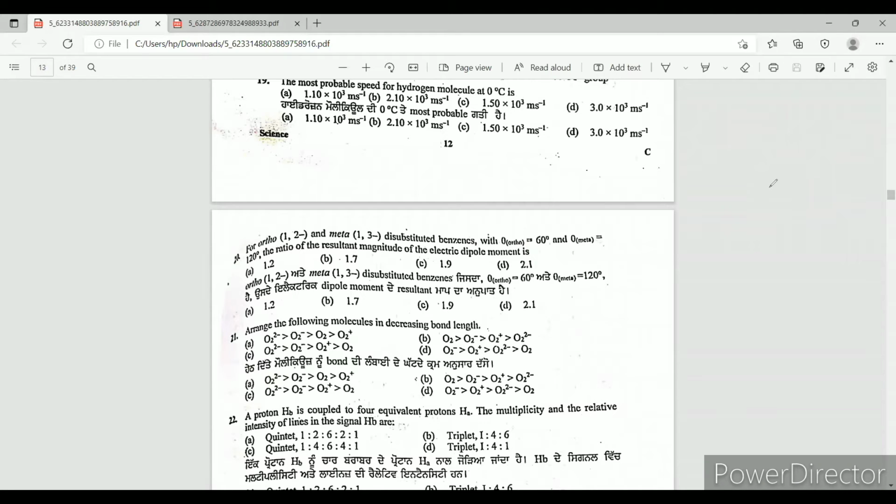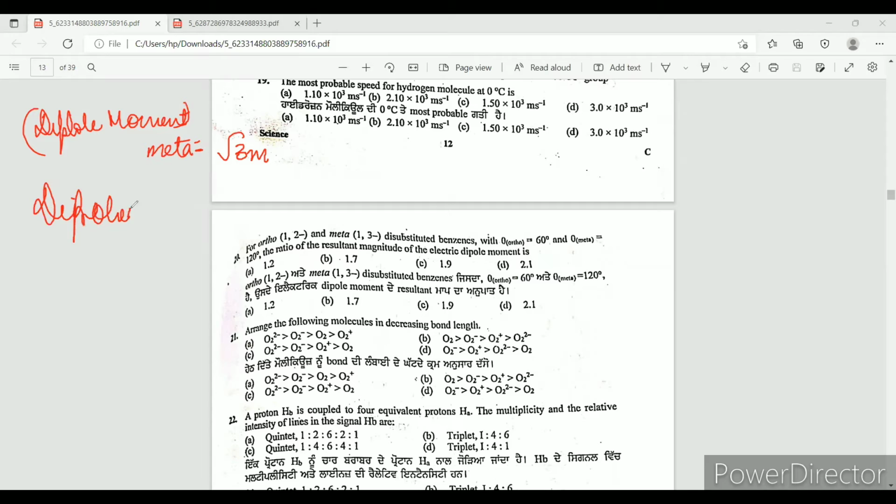Now, the next question is, for ortho and meta di-substituted benzene with theta equal to 60 degrees and theta equal to 120 degrees, the ratio of the resultant magnitude of the electric dipole moment is what? Now the dipole moment for meta is under root 3 m, and the dipole moment for ortho is m.